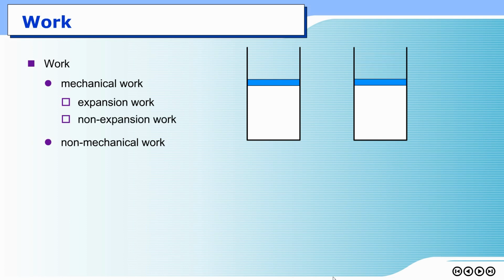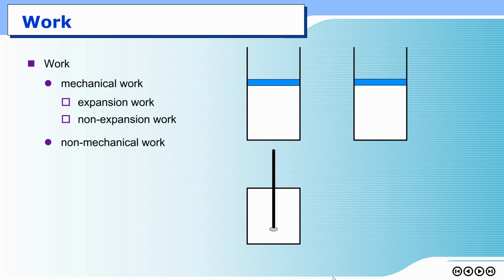Another kind of mechanical work is called non-expansion work. By the name, it has nothing to do with the volume of the system. In the case of non-expansion work, the total volume of the system remains constant, but you can still apply work. A good example is shaft work, the work of rotation of the shaft, like in this picture.